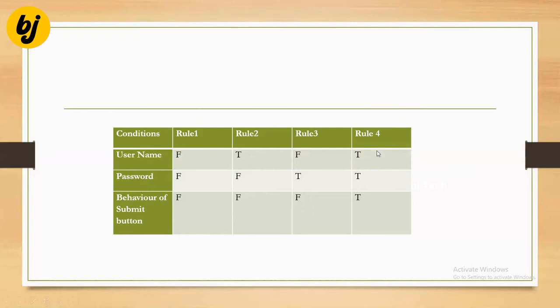Rule 4: you enter the username, enter the password, then the submit button should be enabled. Like this, for the different input combinations, how the system has to respond, we specify in tabular format. This is what we call decision table testing.